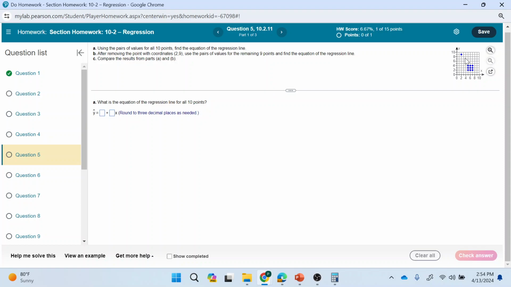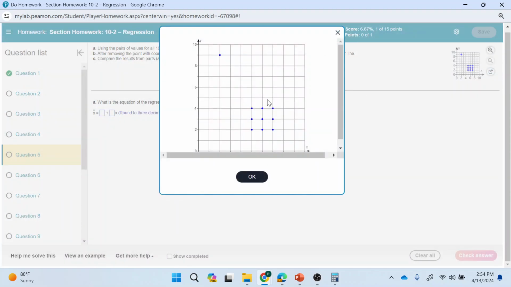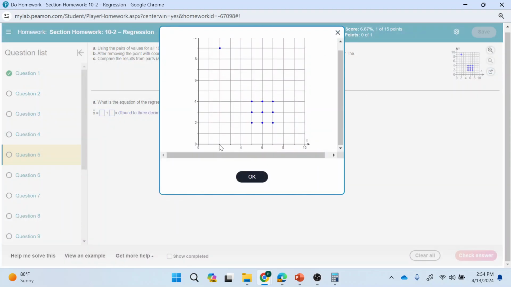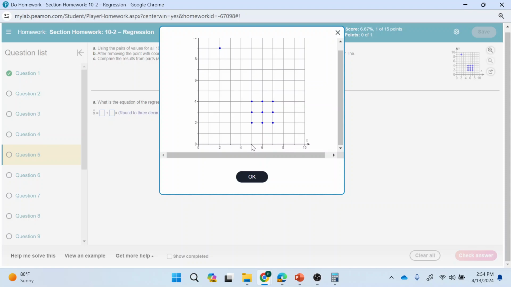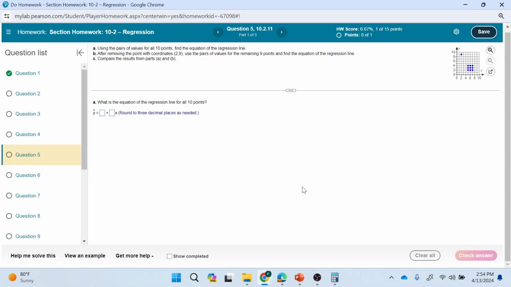You are given this scatter plot. From this scatter plot, you can find the data. If you just open this, as you can see here, for the x value 2, the y value is 9. For x value 5, there are 3 y values: 2, 3, 4. You have to write it down in StatCrunch.